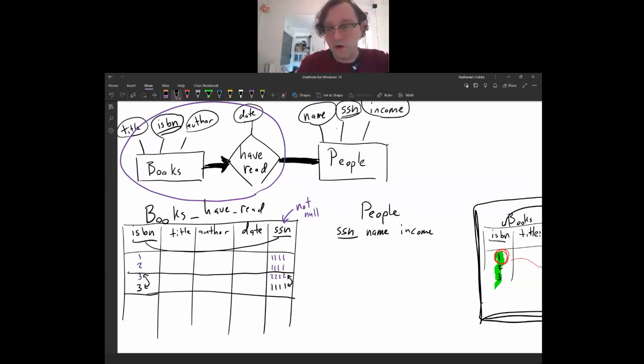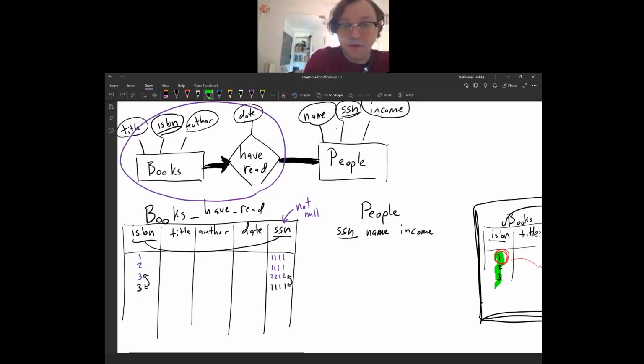Each book is read by exactly one person. Yes. Oh, a foreign versus composite key. So this, right now, is an example of a composite key. Okay? So it's when you're keying on more than one attribute. So now the key is not just ISBN, and it's not just SSN, it's the combination of the two.